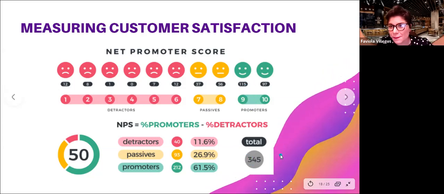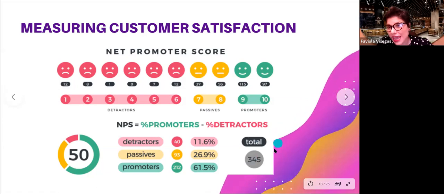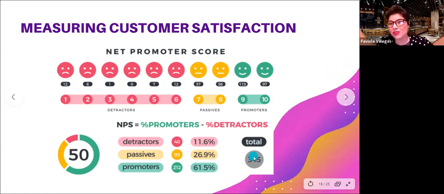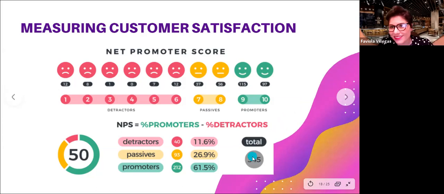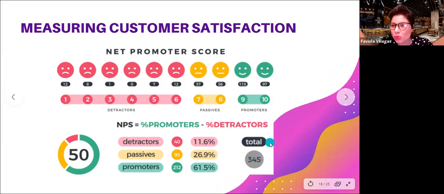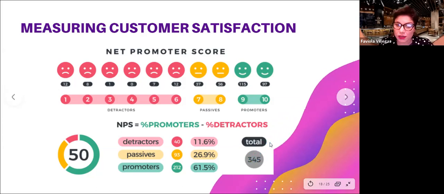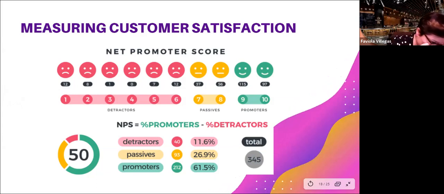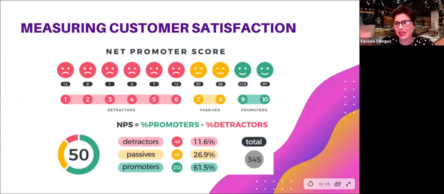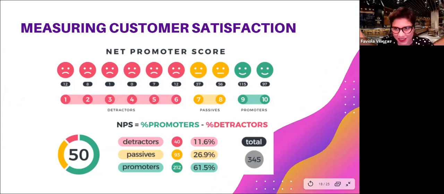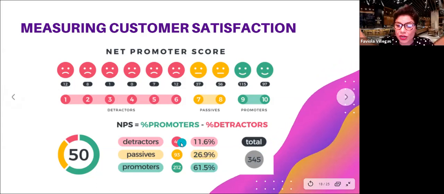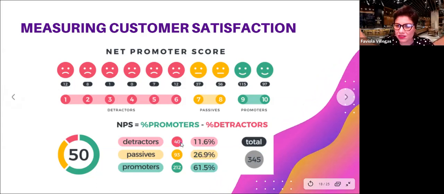Picture this: you are asking 345 people these 3 questions, but the first one, which is from 0 to 10. From 0 to 10, how likely will you recommend us? 40 are detractors.